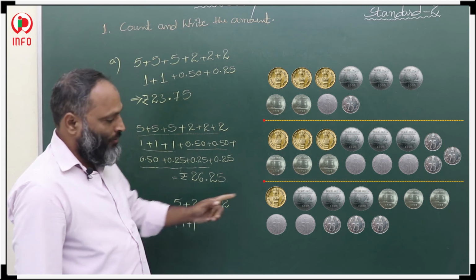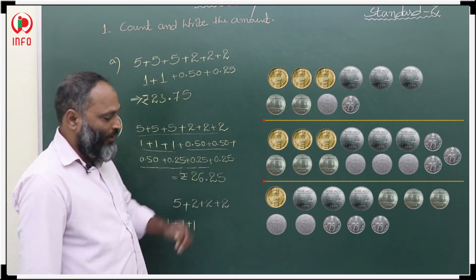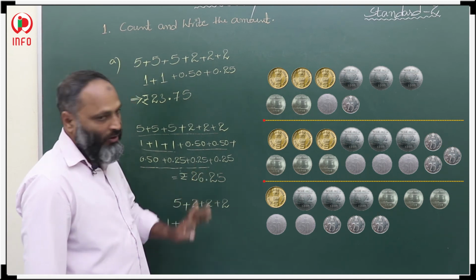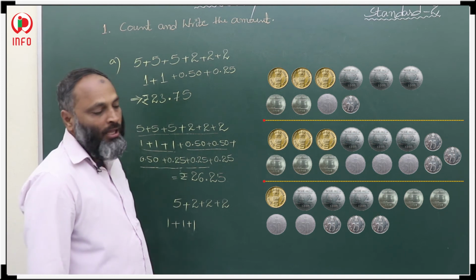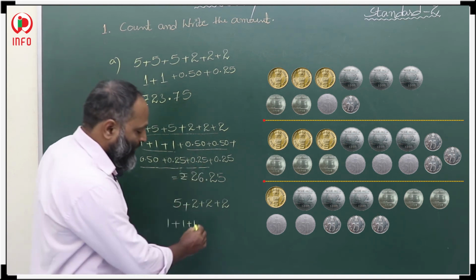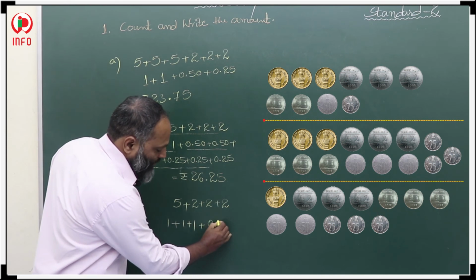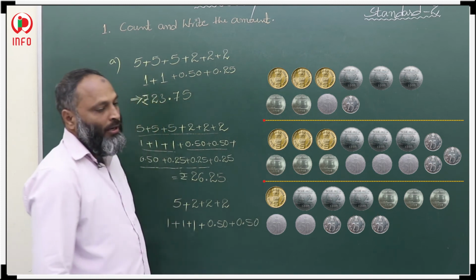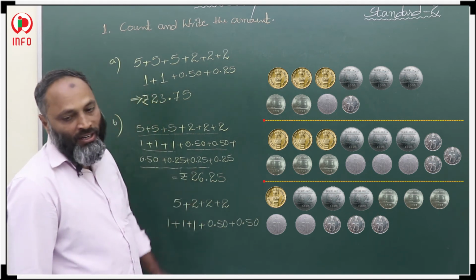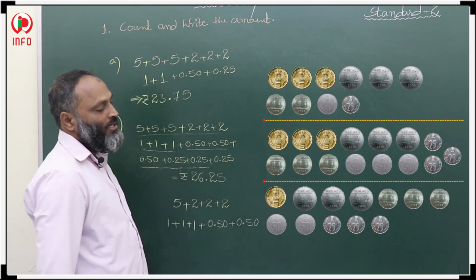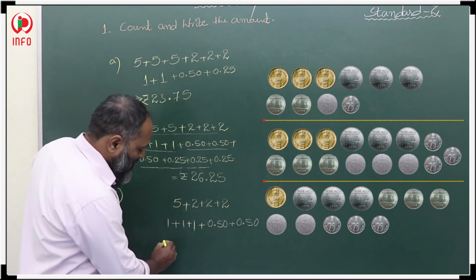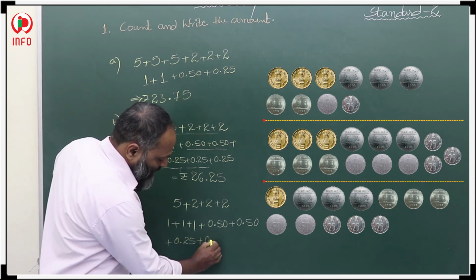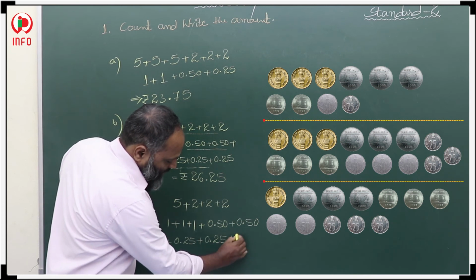So 1 five-rupee coin, 3 two-rupee coins, and 3 one-rupee coins are given. Then 2 fifty-paisa coins are given, 0.50 plus 0.50. And 3 twenty-five-paisa coins, 0.25 plus 0.25 plus 0.25.